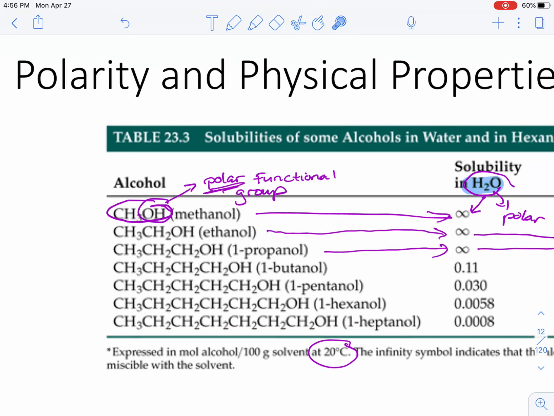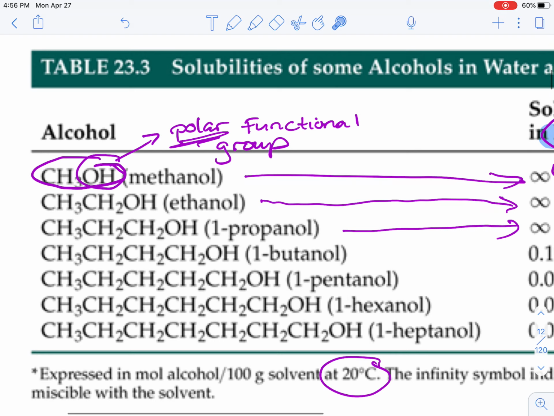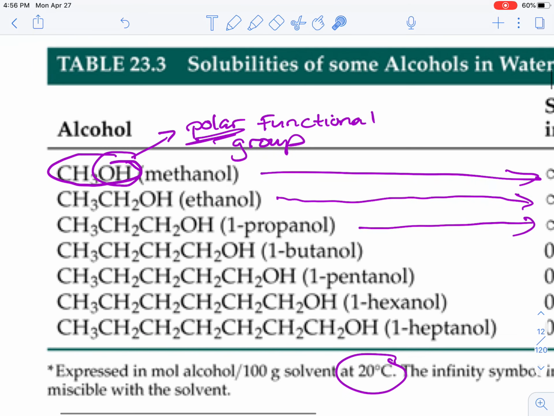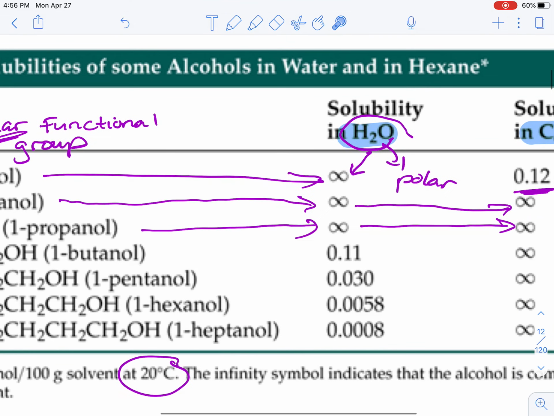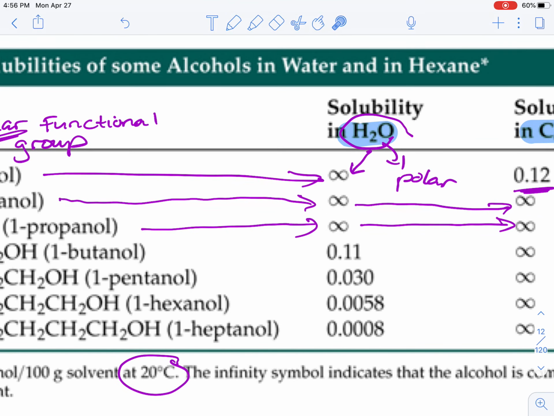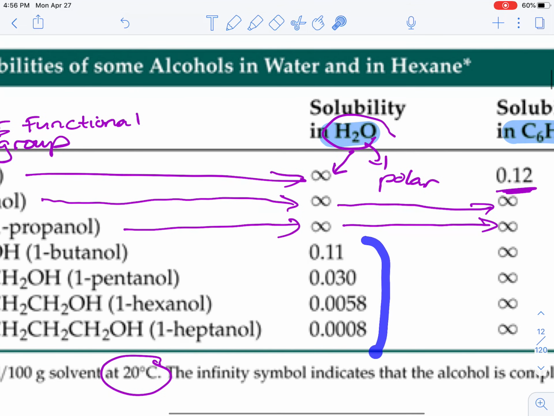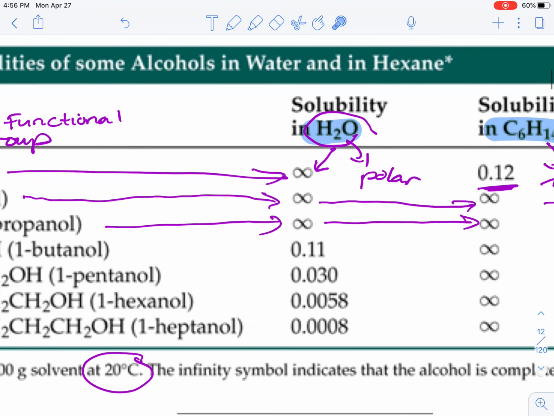And so if there's only one hydroxyl group on each and every one of these substances, but we're increasing the number of carbons as we go from the top to the bottom, that means that our substance is going to increase in nonpolar character, forcing it to not be as soluble in water compared to its smaller, more condensed counterparts.